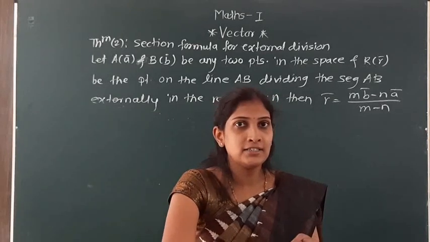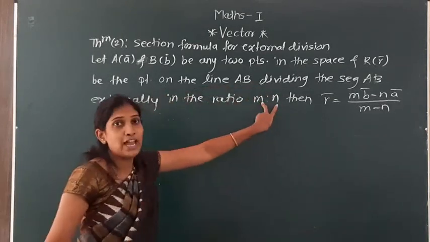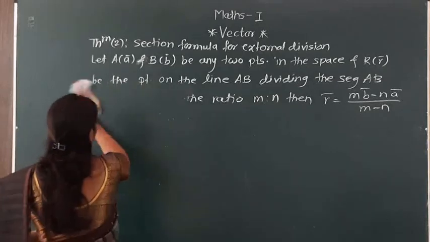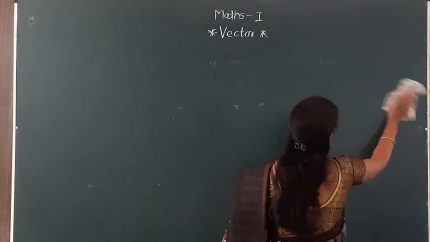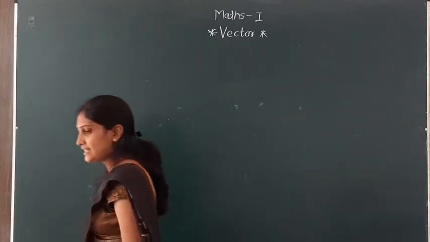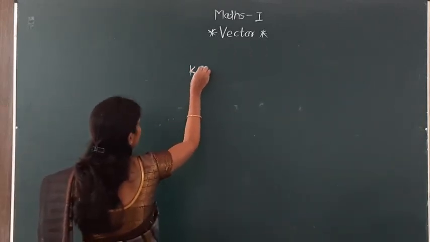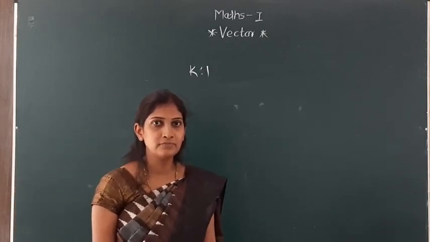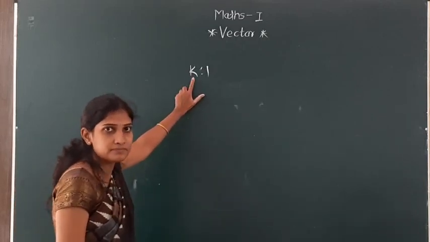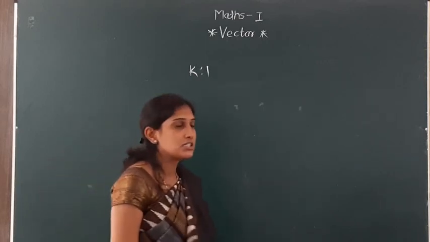So for that we have to find the ratio. We consider one ratio, and that will be k is to 1, by supposition, for convenience.